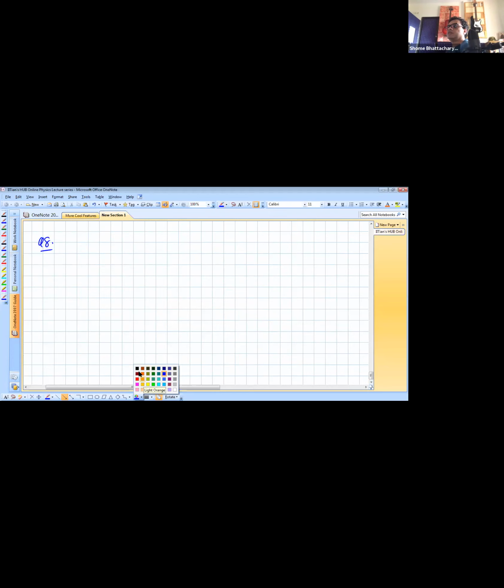So now suppose we have a system that is given like this. The vector A is like this. It has a magnitude of 10 root 3. And vector B is something like this.